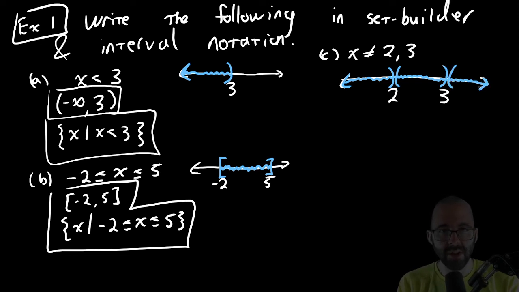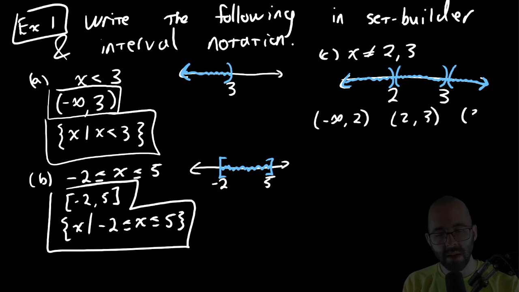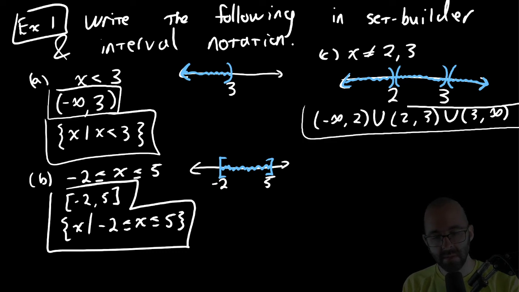So it's almost everything, right? Almost the whole number line is shaded blue, but not 2 and not 3. So we have 3 pieces this time. Everything less than 2, everything between 2 and 3, and everything bigger than 3. And we just connect them all with the union sign. All right, let me know if you have any questions. That's interval notation.